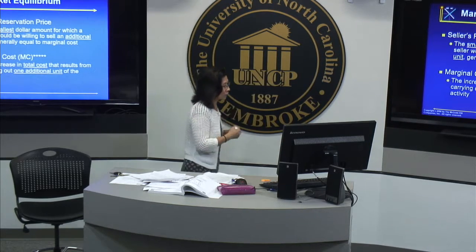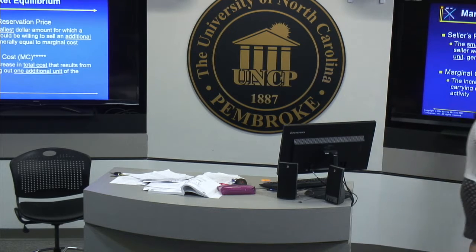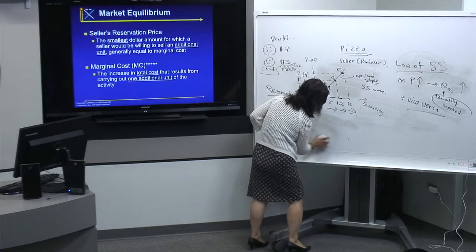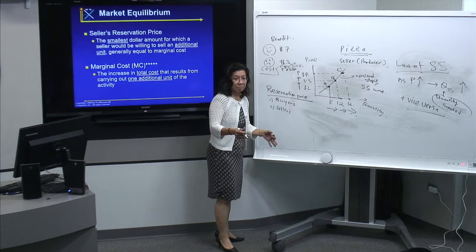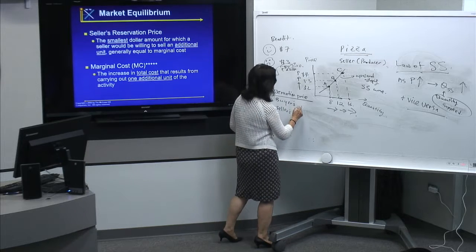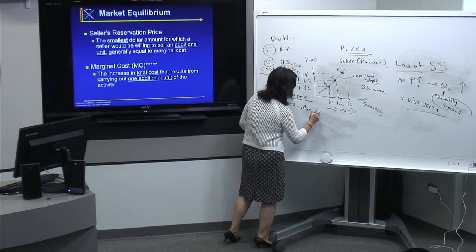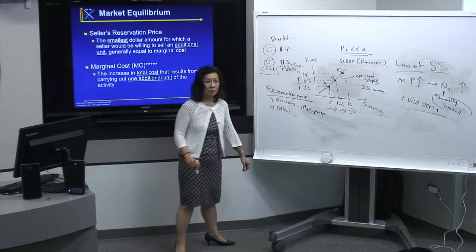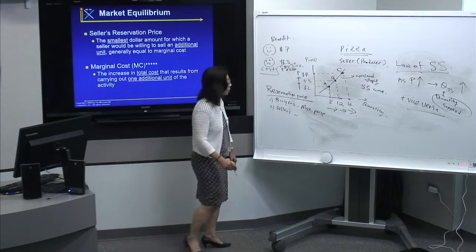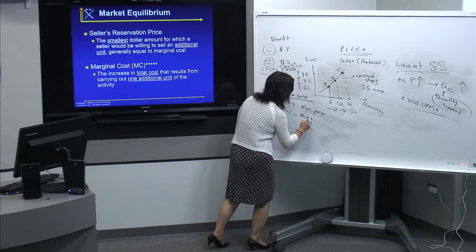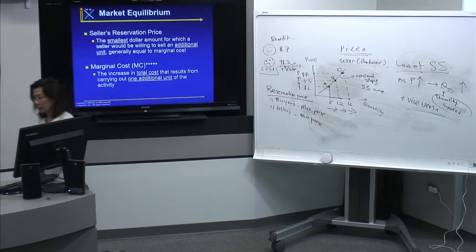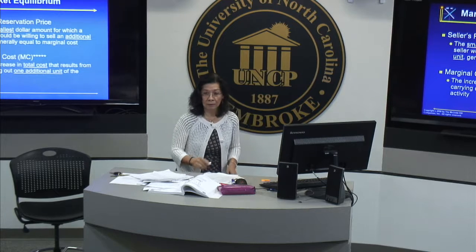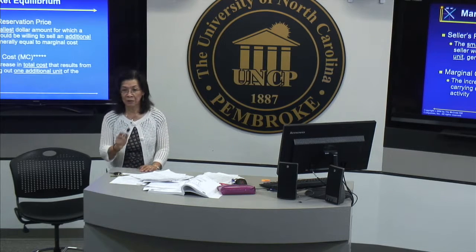Now, what is the seller's reservation price? Remember a while ago we said the buyer's reservation price: when you walk into Macy's, you tell them the maximum, not the minimum, price you're willing to pay. Now, if you're a seller, you're going to say the minimum price that I'm willing to let go of my wonderful, desirable textbook is $50.